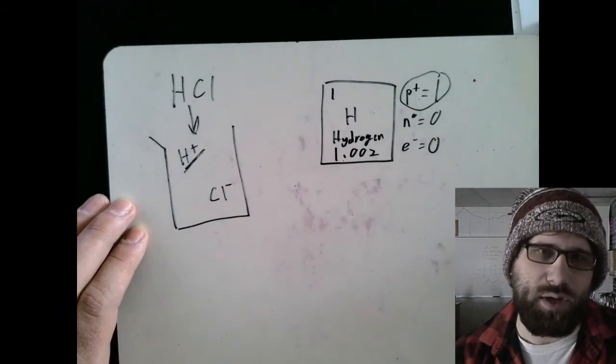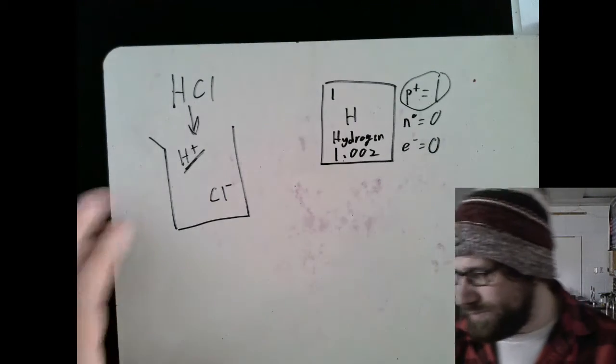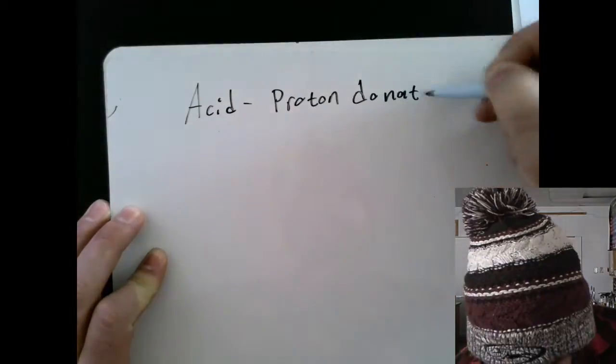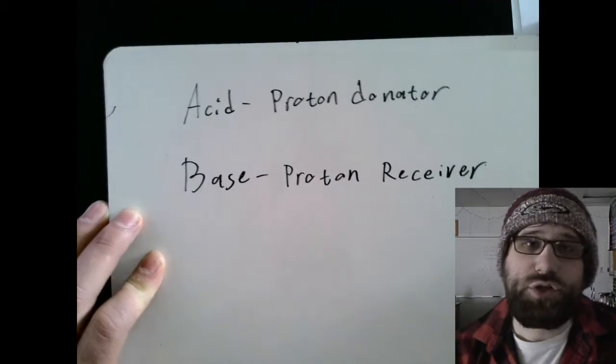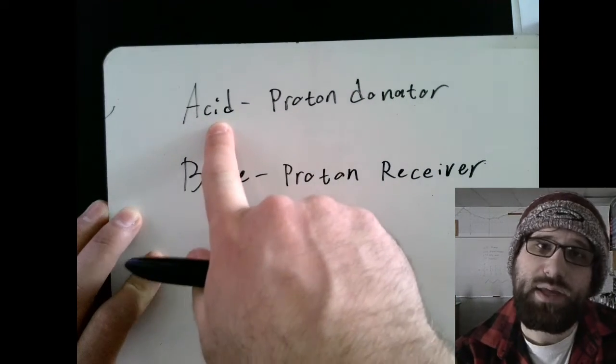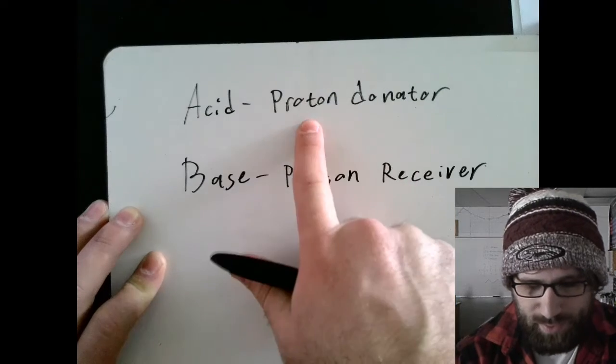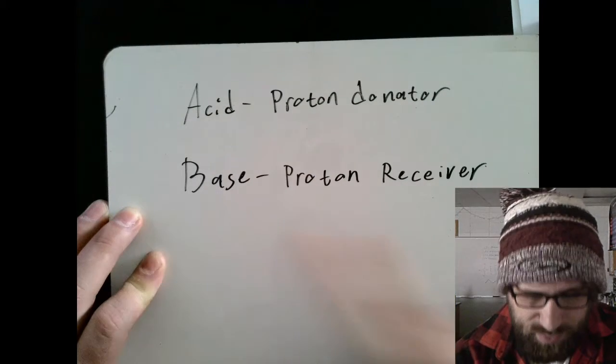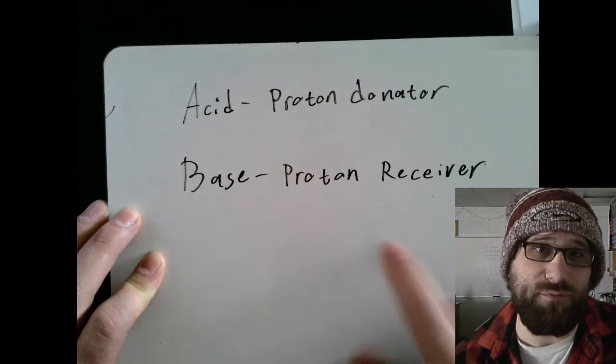So this is how we're going to define acids and bases. An acid is a substance that is going to donate a proton. A base is a substance that is going to receive a proton.